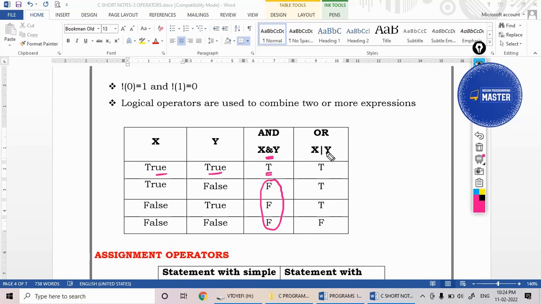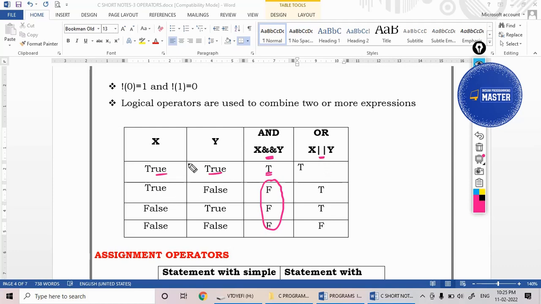Whereas the logical OR operator: the logical AND we write using the double ampersand, and logical OR is written with 2 pipe symbols.